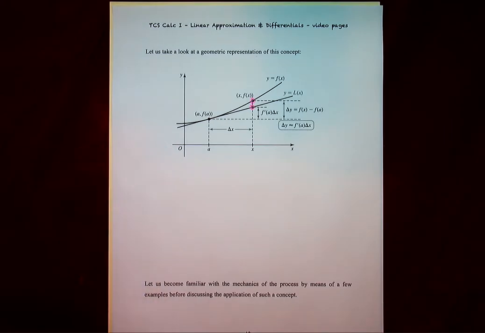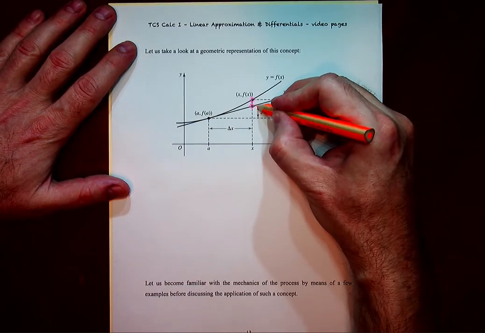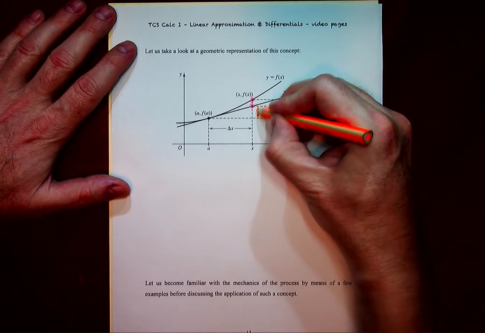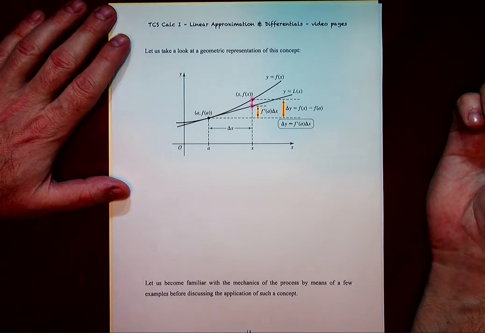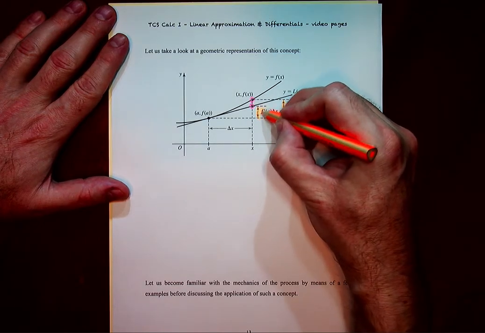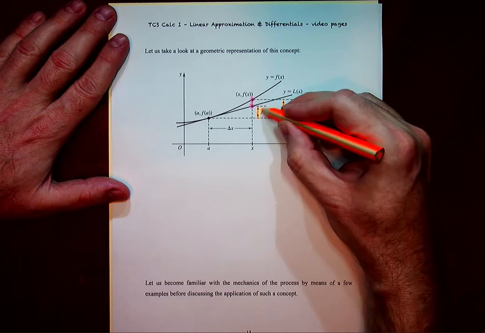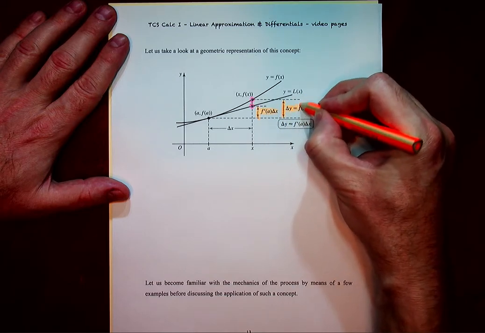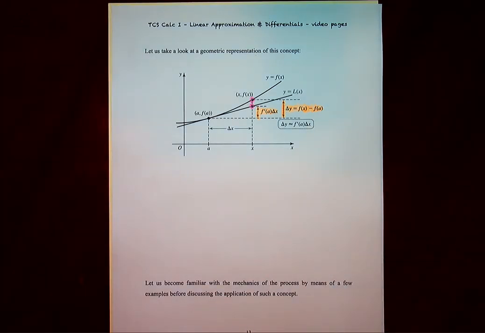But what we're doing here instead, and of course it's related, is we are finding this distance to approximate this distance. And of course they're related. This right here is your dx. This right here is your dy. This right here is your delta y. Okay?